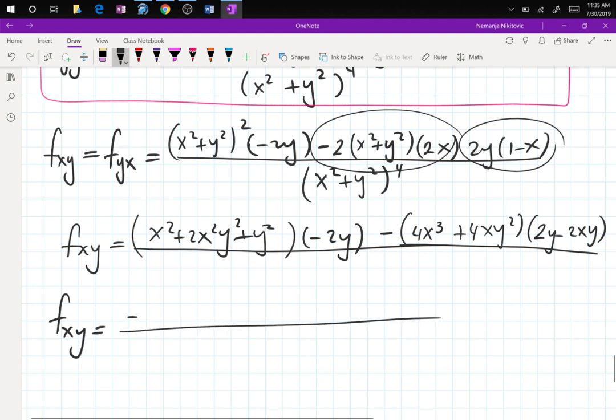So now negative 2x squared y minus 4x squared y cubed minus 2y cubed. Oh, these are wrong.